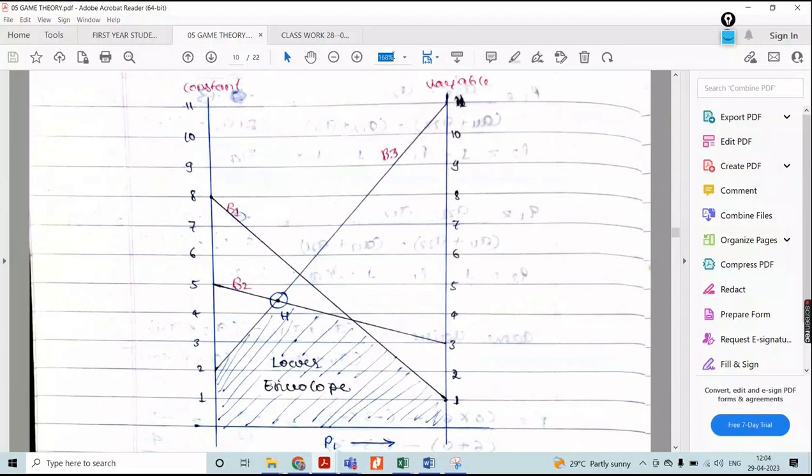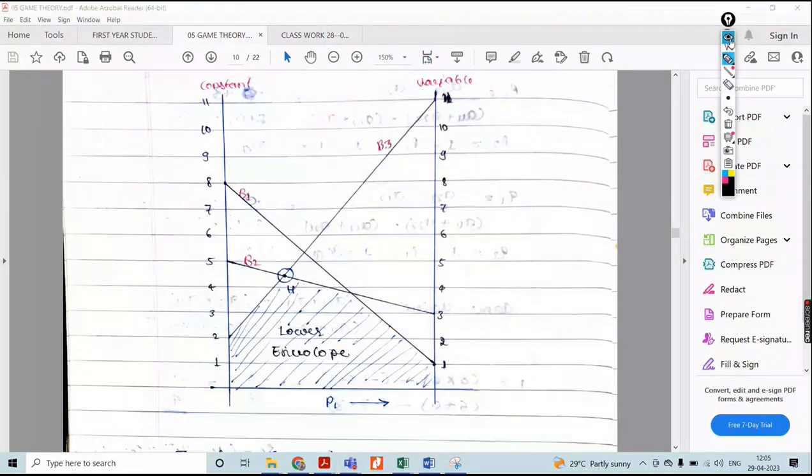Always you have to take a graph sheet, in which the rectangular blocks are present. Draw the vertical lines, then corresponding to that you have to draw your graphs. In between those, you have to draw the lines B1, then B3, B2.